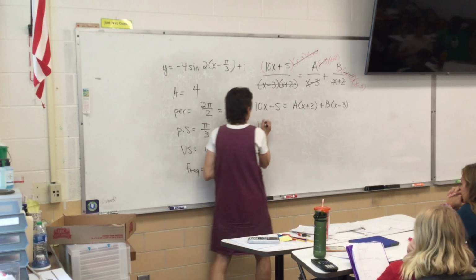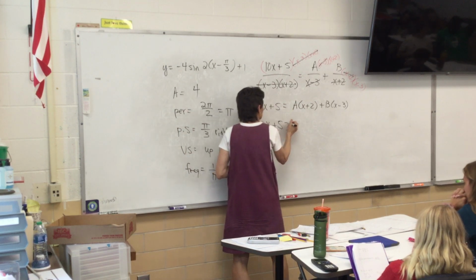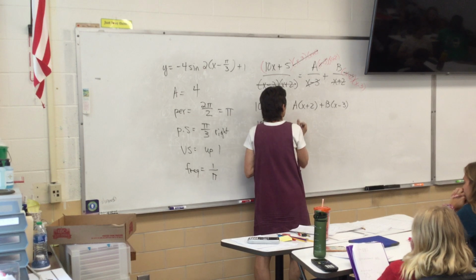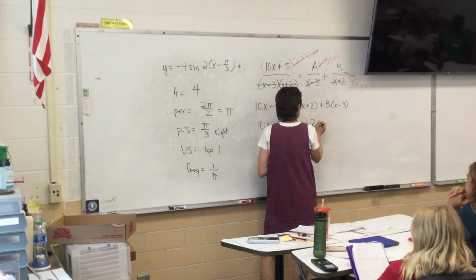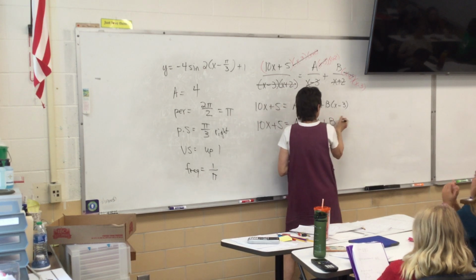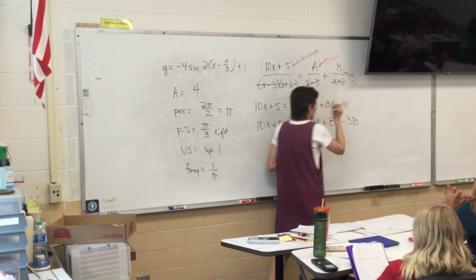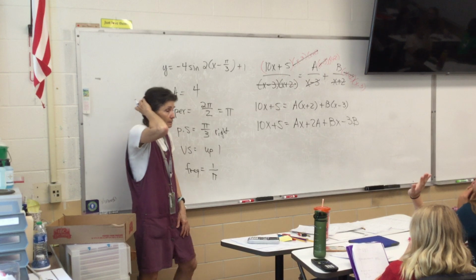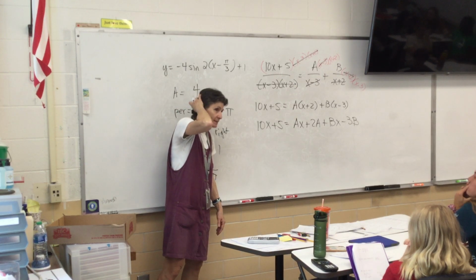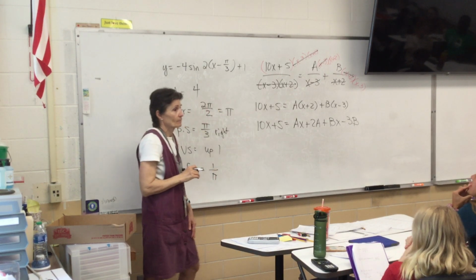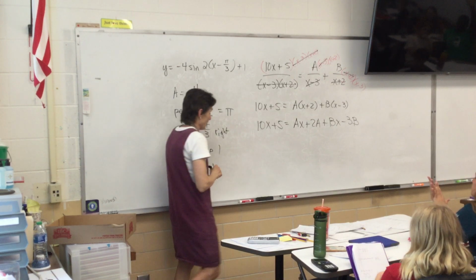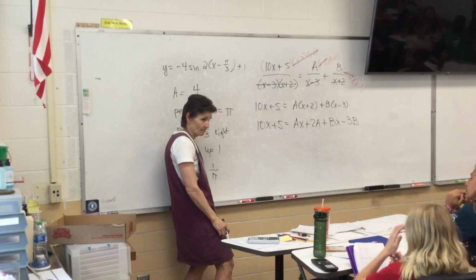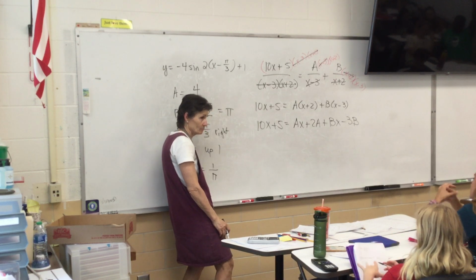Alexis? You got to get the A out to the x plus 2, so Ax plus 2A will distribute, right? Emma, you paying attention back there? Okay. Now, this is the part that people find tricky, and it really isn't tricky. What do I do now?